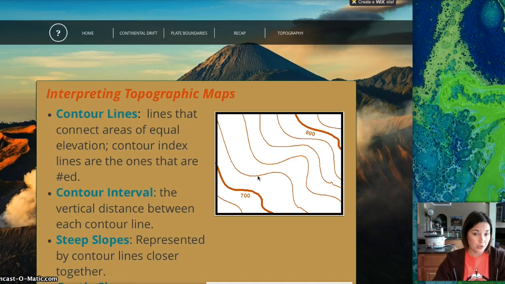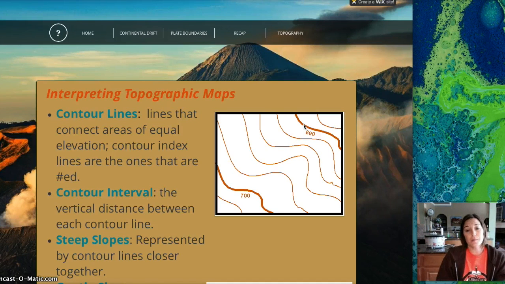So I'm at 720. And to get from here to here, I'm at 740 feet. And then from here to here, I'm at 760 feet. And then from here to here, I'm at 780 feet. And then from here to here, I go up to 800 feet. So on this particular map, this is a 20-foot contour interval. Between each contour line, there is a 20-foot change in elevation.